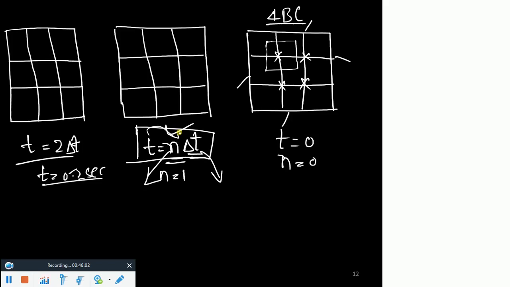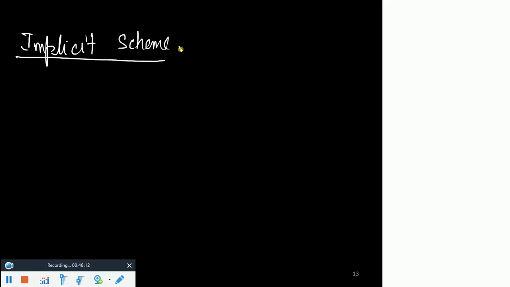So this is about that explicit scheme. Again, let's talk about the implicit scheme. Let's do it this way.